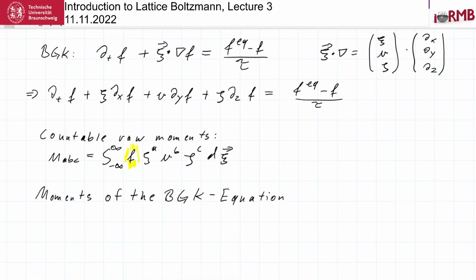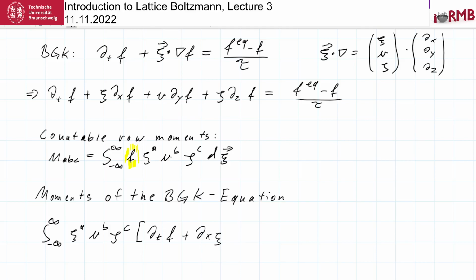Now this looks like this. We take the integral over the left-hand side of the BGK equation from minus infinity to plus infinity, xi to the power of a, epsilon to the power of b, theta to the power of c, times d_t f plus d_x xi f.